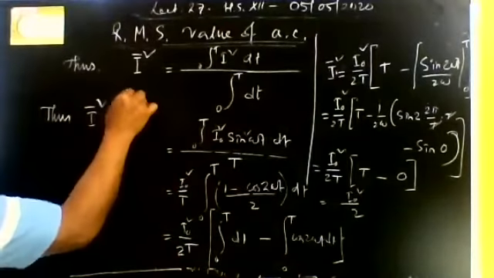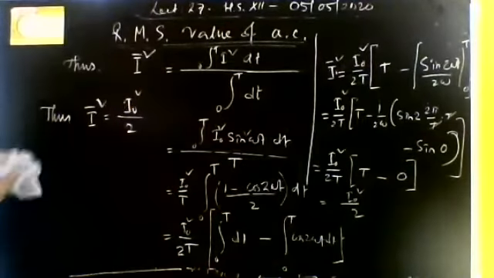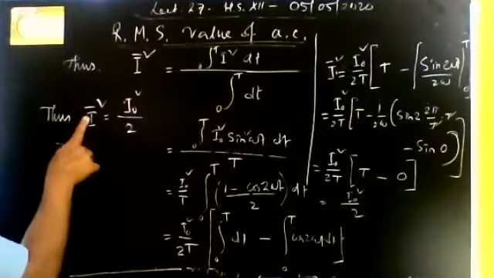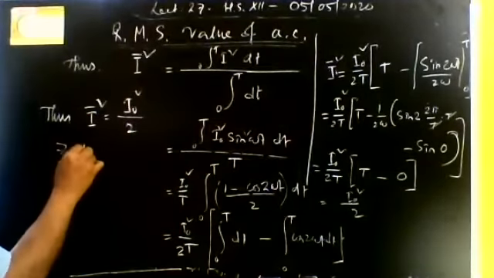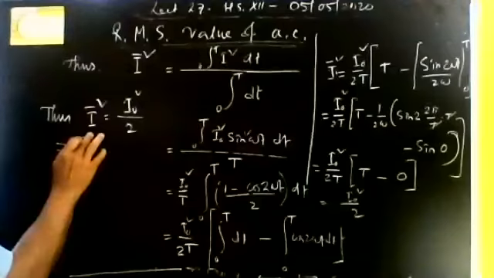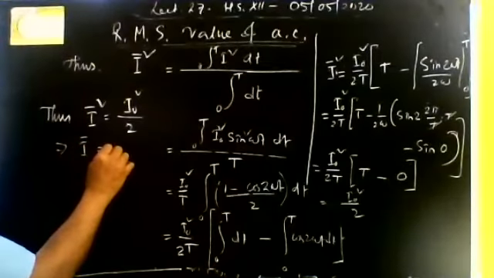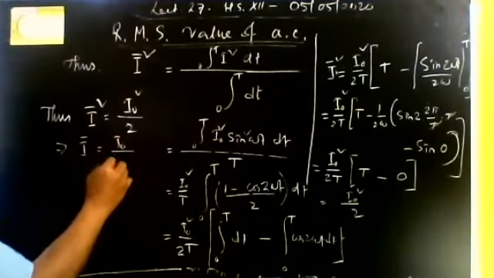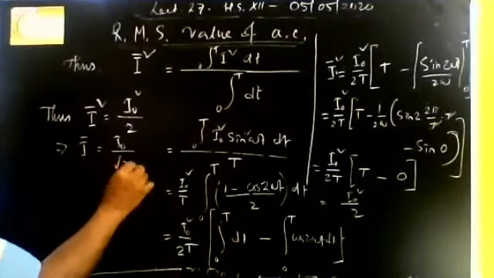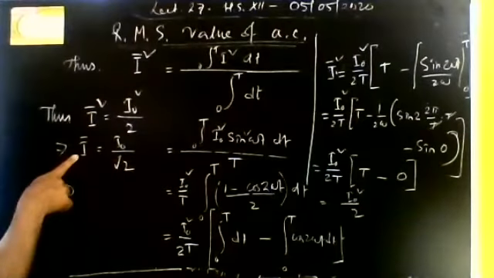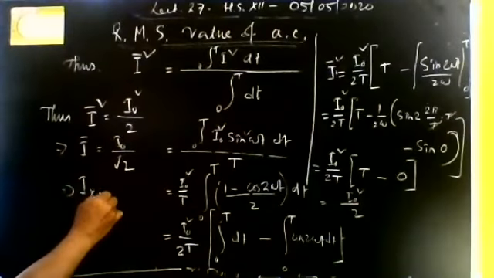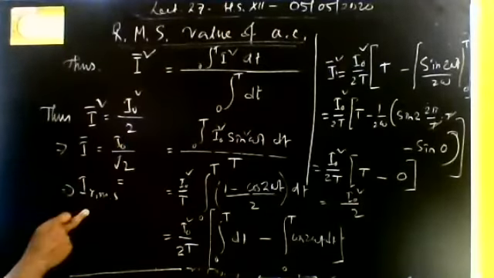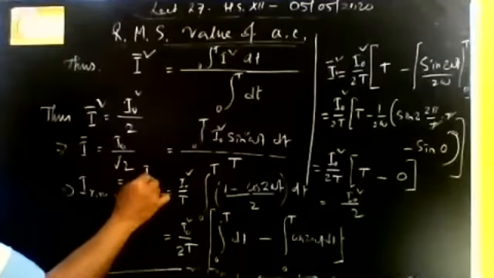I naught square by 2, right? If you take the square root on both sides, this is called the RMS value, I naught by root 2. So this average value, that is the root mean square value, is called IRMS. In short, IRMS value is I naught by root 2.